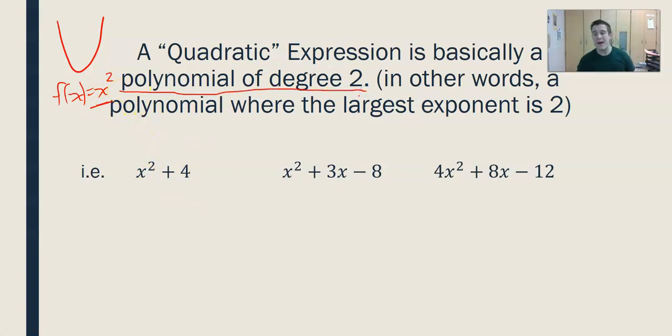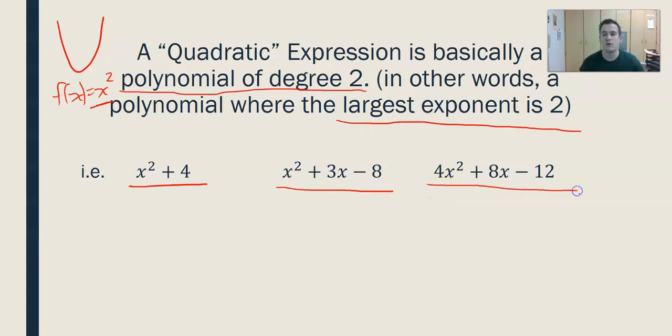If you remember way back to Unit 2 when we talked about polynomials, a polynomial with degree 2 means the biggest exponent, the largest exponent, is 2. So I have x squared plus 4, x squared plus 3x minus 8, 4x squared plus 8x minus 12. All those are quadratic expressions because the biggest exponent on the x's is 2.